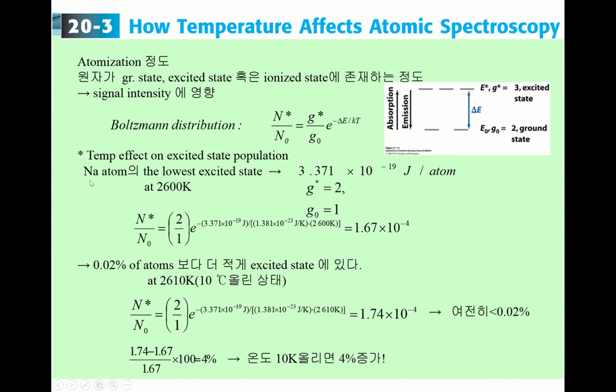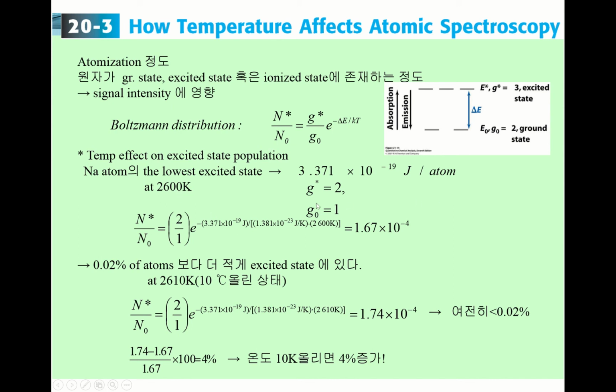For example, in the case of a sodium atom, the energy difference of the lowest excited state is 3.371 times 10 to the minus 19 joule per atom, for a single atom at 2600 Kelvin.